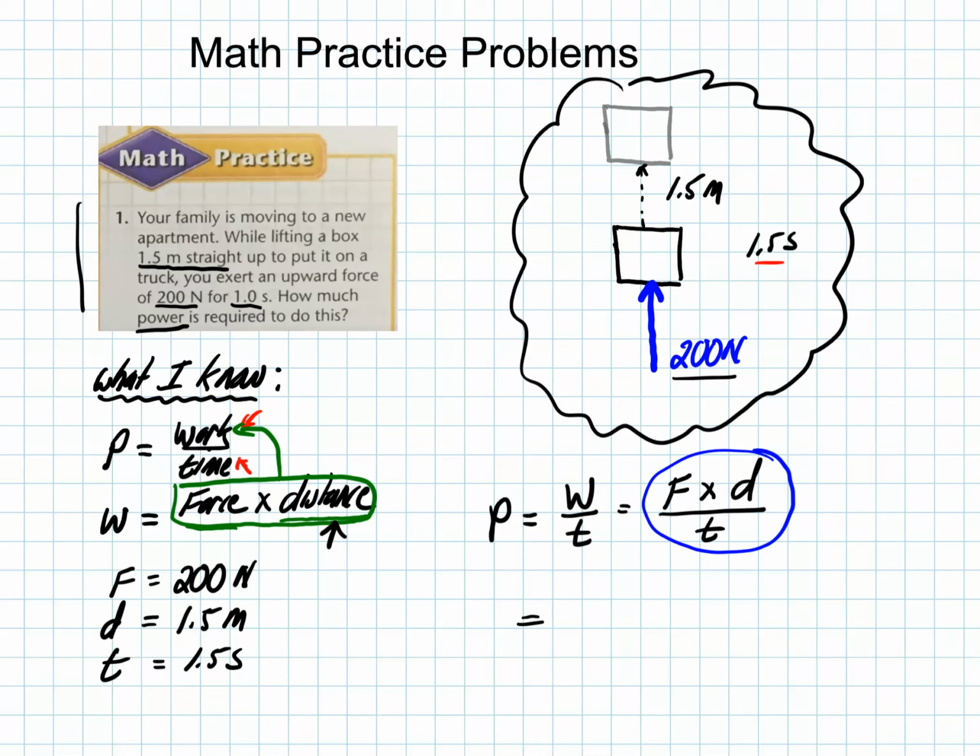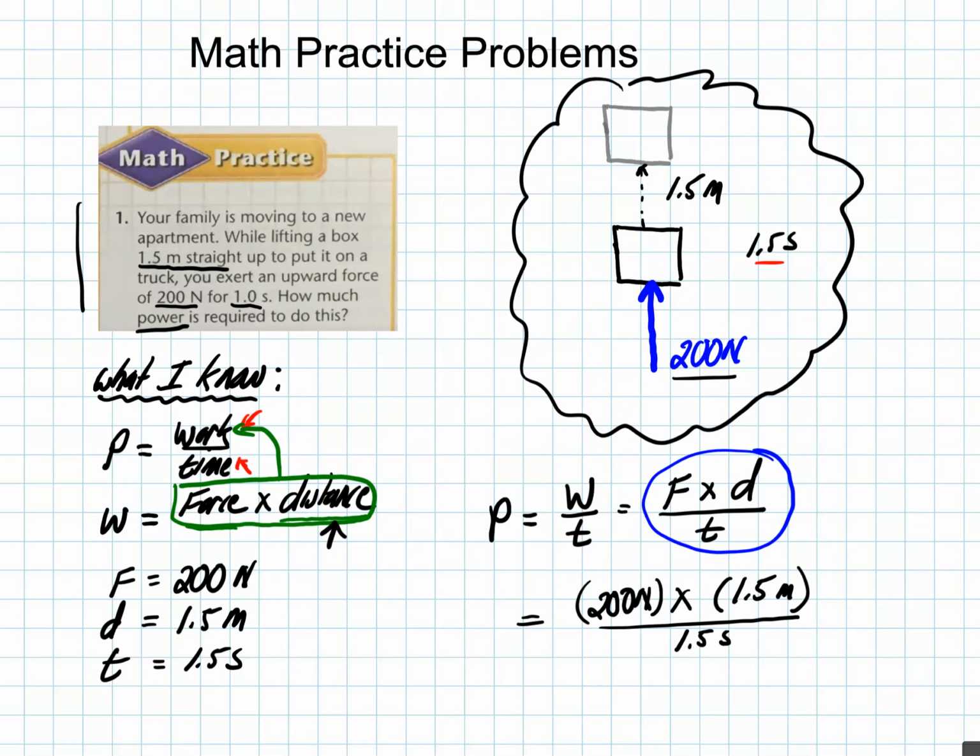So here we go. Let's see, what's the force? The force is 200 newtons. And then I'm going to multiply that by the distance moved. Well, I don't think I need a calculator. 1.5 meters. Then I'm going to divide that by the time, which is 1.5 seconds. Okay.